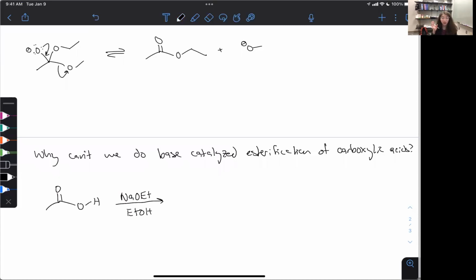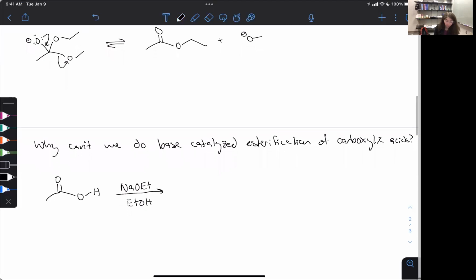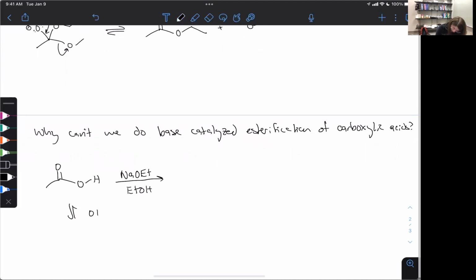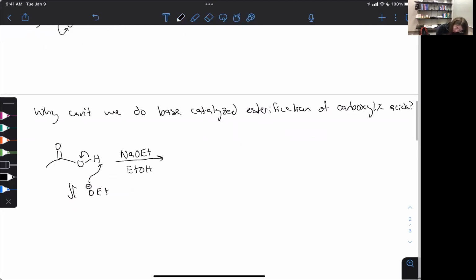So what's going to happen here is, if we do our first step, in the ester version, we just went straight and attacked this carbonyl. But there's something that's more reactive than the carbonyl right now, and that's the acidic proton. So this is going to go directly for that proton on our carboxylic acid.